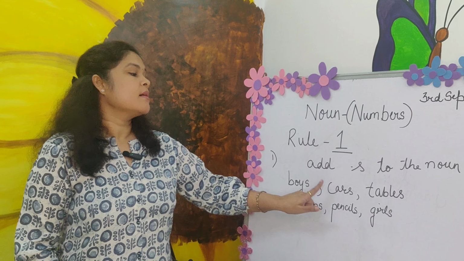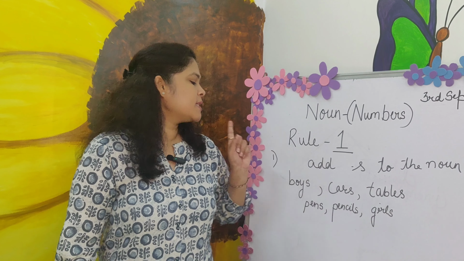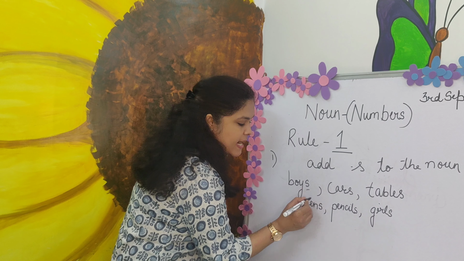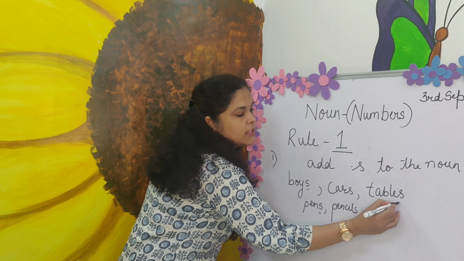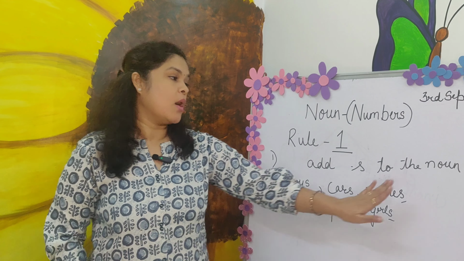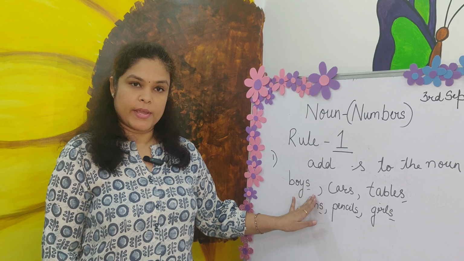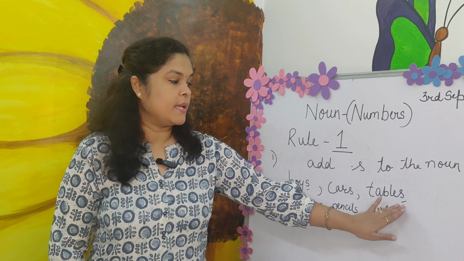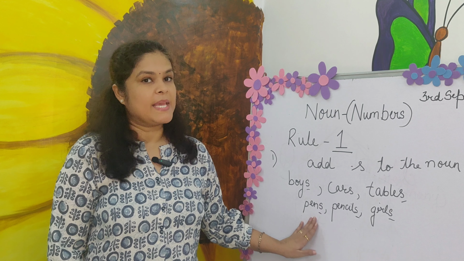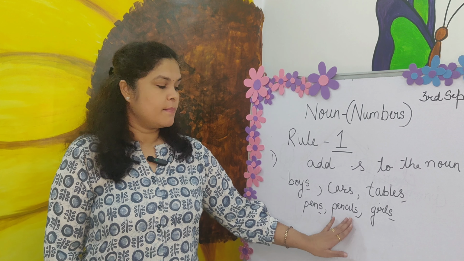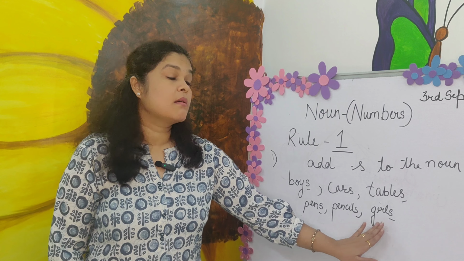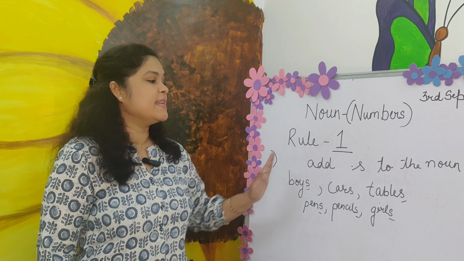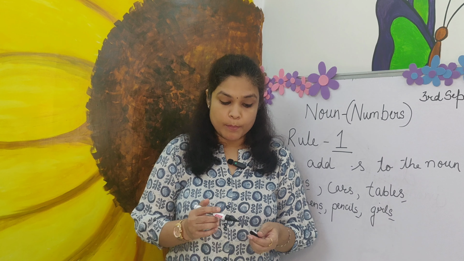So boys, cars, tables, pens, pencils, girls. We have just added S and we have got the plural form of it. So the noun was boy, it became boys. Car became cars. Table became tables. Pen became pens. Pencil became pencils. And girl became girls. So this was the simplest of all. We have added an S to the noun to get its plural form.